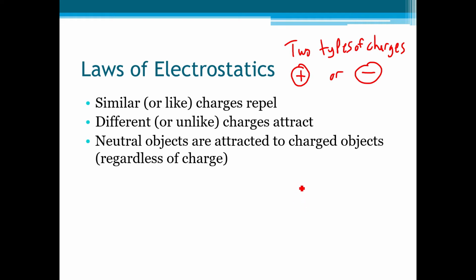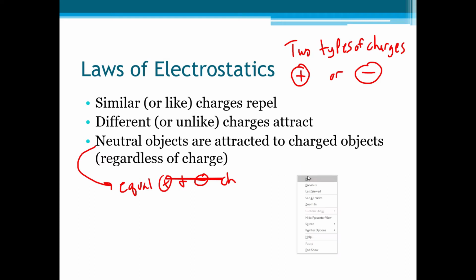And then finally, neutral objects. Neutral objects have equal positive and negative charges. These neutral objects are attracted to charged objects regardless of charge, and we'll talk about that a little bit later.